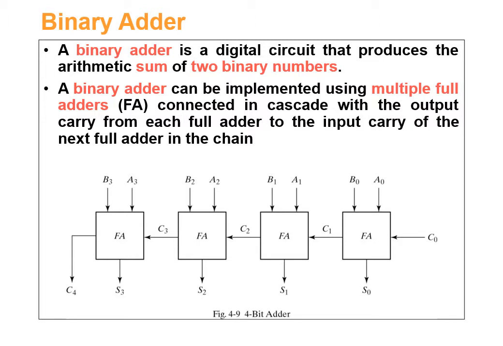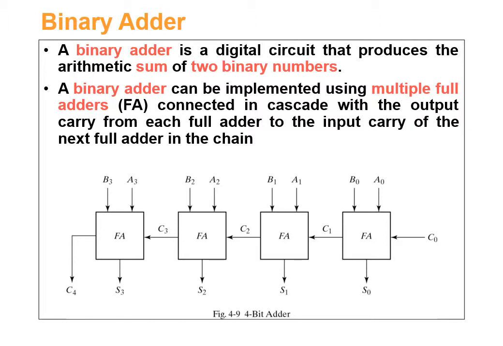The augend bits of A and the addend bits of B are designated by subscripts numbered from right to left, with subscript 0 denoting the least significant bit. The carries are connected in a chain through the full adders.